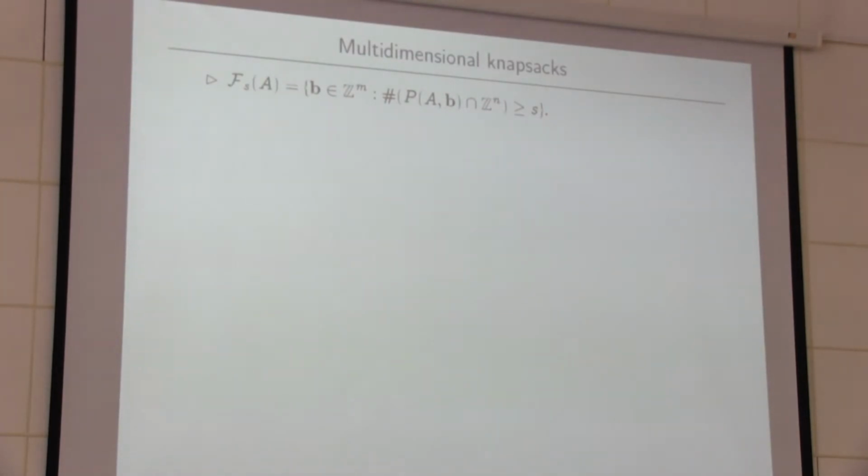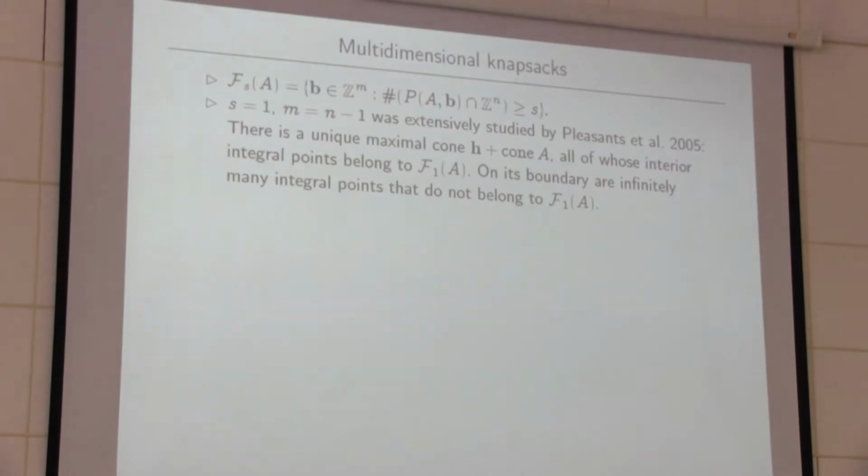Alright, so now we are going to the more general case when the number of rows of our matrix is bigger than 1. In this general situation, only the case m equal to n minus 1 was investigated in the literature, to the best of my knowledge. In this case, the set F_1(A) has a very remarkable structure.